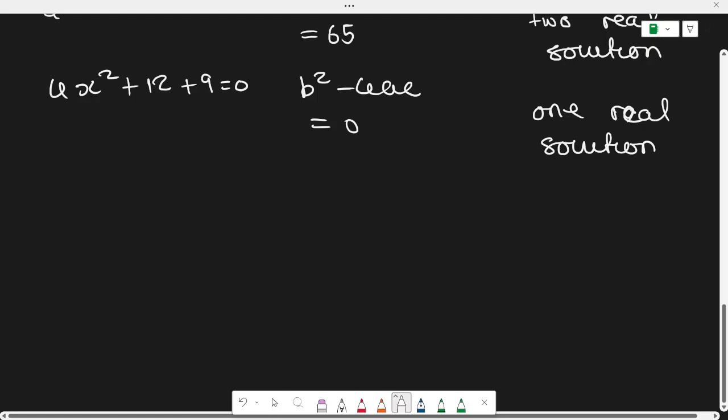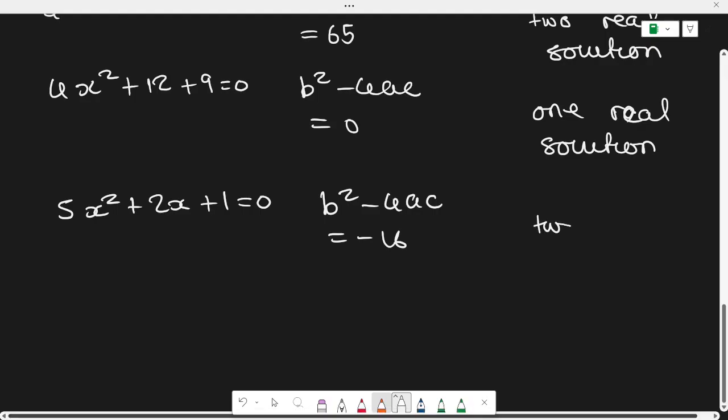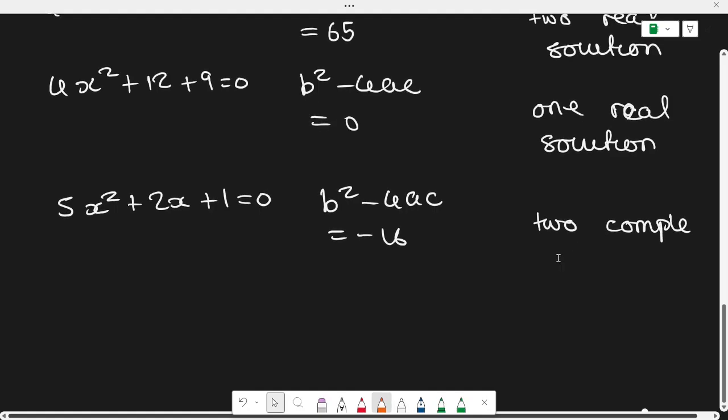What if we had 5x squared plus 2x plus 1 is equal to 0? And you try to find its discriminant. What is it going to be equal to? Find that it's equal to negative 16. So the nature of its solution is going to be two complex solutions.